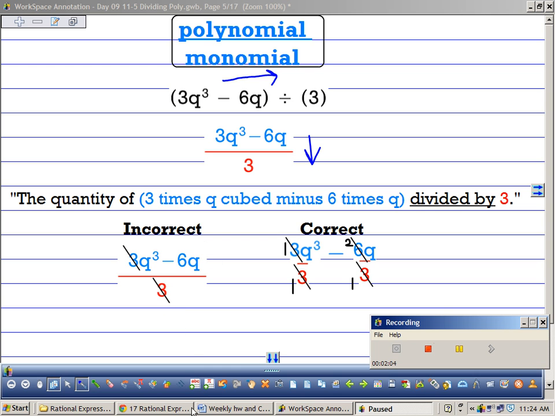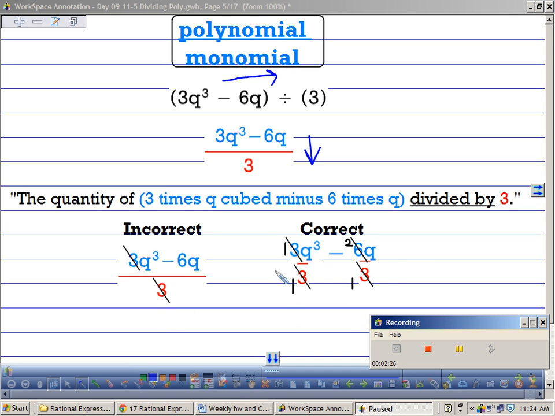Okay, Levi, why don't you share? Can somebody share why it's incorrect? Because 6 is left out. Doesn't this say everybody's divided by 3? Well, look, that's not fair. 6 didn't get divided by 3.